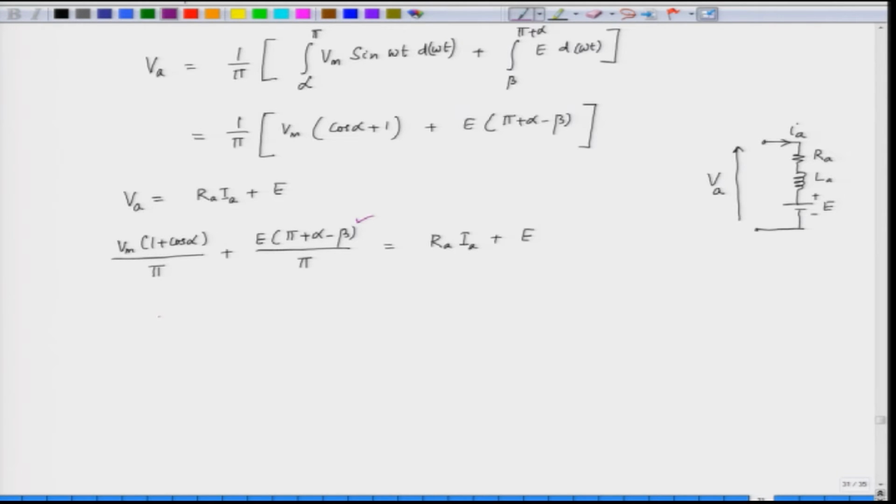So, what we get is the following: E into pi plus alpha minus beta by pi minus E, that is equal to V m into 1 plus cos alpha by pi minus I A R A. Now, if we simplify this, what we get here is E, and then pi will cancel.